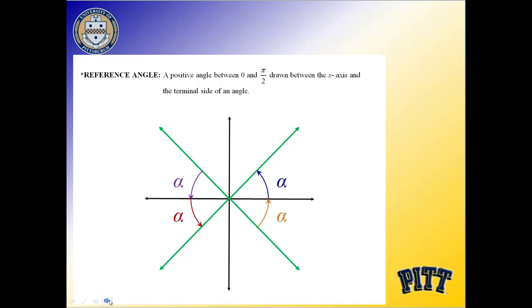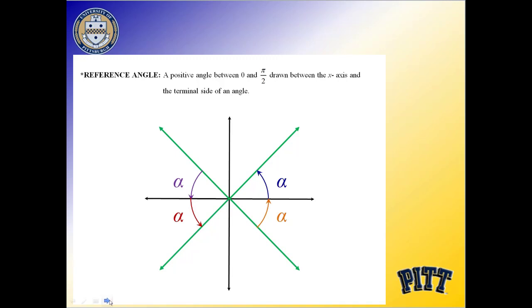The reason why reference angles become important is because we often use triangles, right triangles for that matter, to reference how we're going to calculate the sine, cosine, tangents, and all the other trig function stuff. So the reference angle will often take the place of an angle that's more than a 90-degree turn.